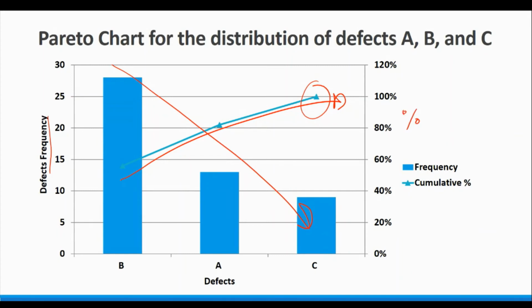Okay, they're independent from one another. For B, you see that it happened 28 times, so this is your bar, and you read it in the frequency. But percentage is this one, and percentage-wise it was 56%, and you read it on the right axis. Okay. All right. So now this is cumulative percentage.